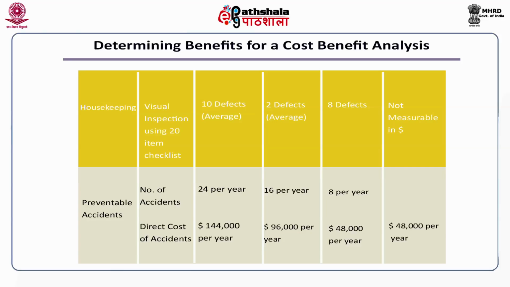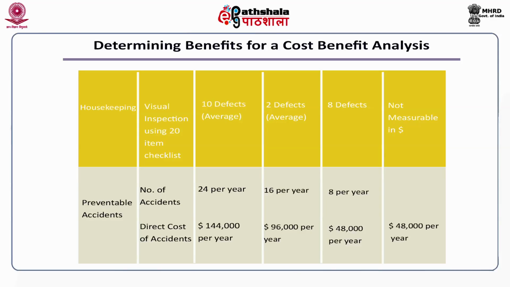Another operational result area would be preventable accidents. How can it be measured? Of course, on the basis of number of accidents and by calculating the direct cost of accidents. Results before training would be 24 accidents per year, and in monetary terms $1,44,000 per year.